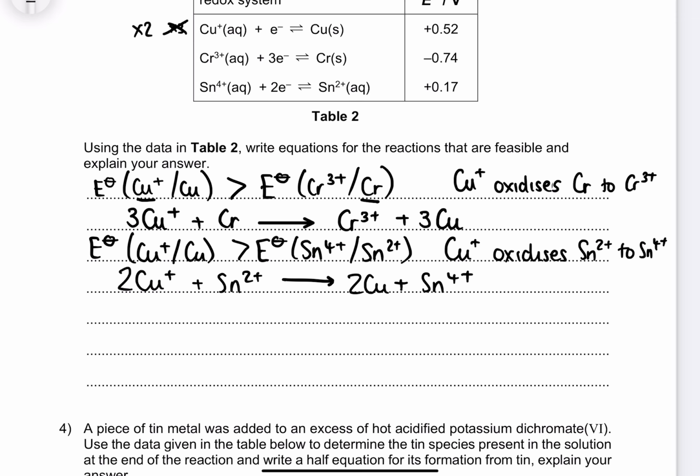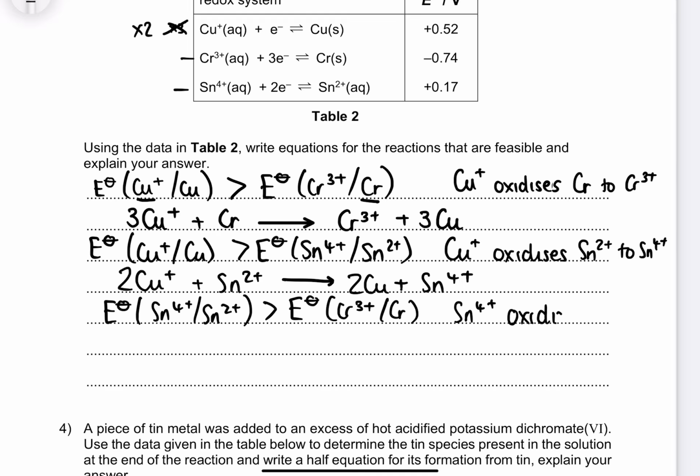That's our second possibility. And our last possibility is if we were to combine these two, the electrode potential for the tin 4+, tin 2+ reaction is greater than that for the chromium 3+ chromium. So first thing on the left, Sn4+ oxidizes the last thing, chromium to chromium 3+.